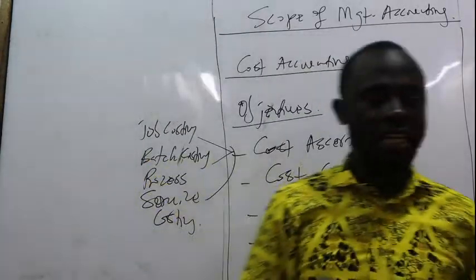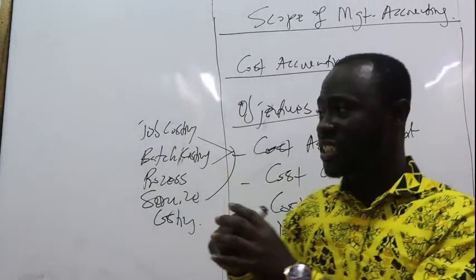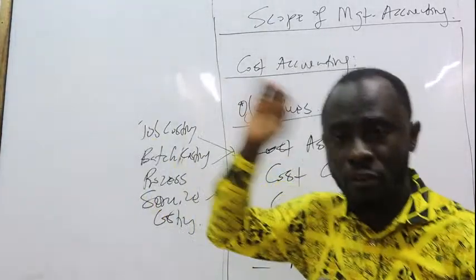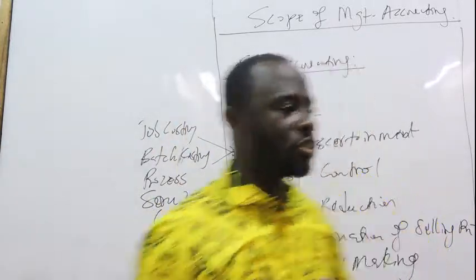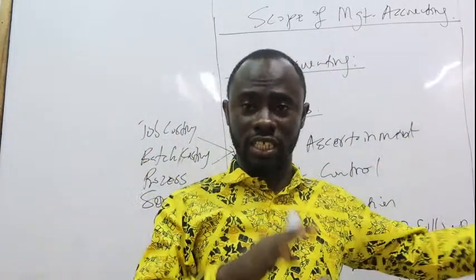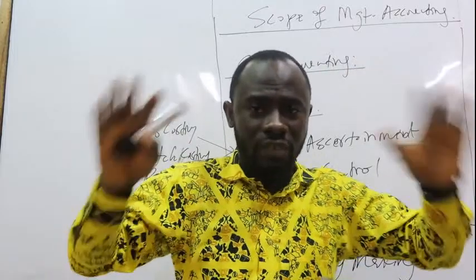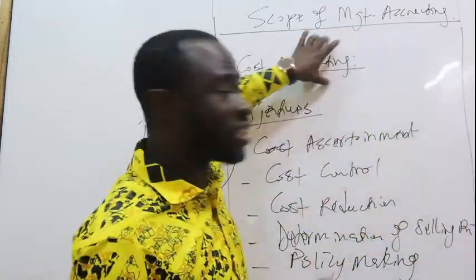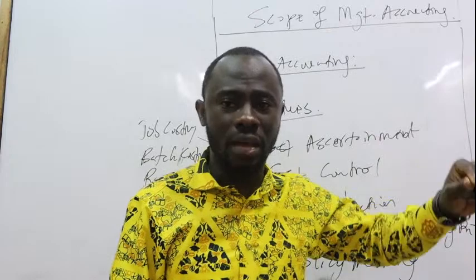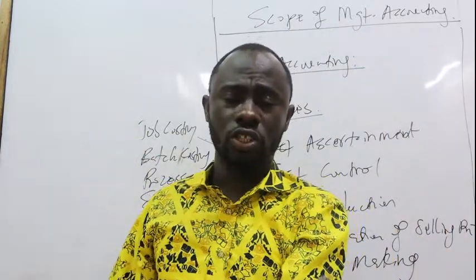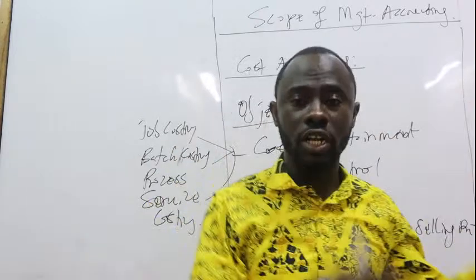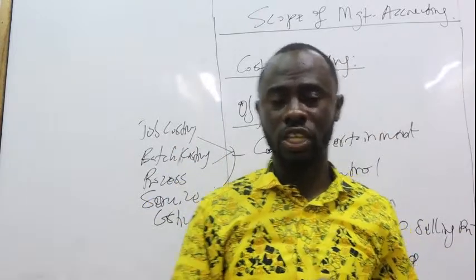So the process involved in the determination of the cost for a job, for an activity, for a process, for a service, for an undertaking is what is referred to as what? Cost ascertainment. And the first objective, that is one of the key objectives of cost accounting, is to determine how much cost we are incurring on the job that we are undertaking or on the process that we are using to produce a product.